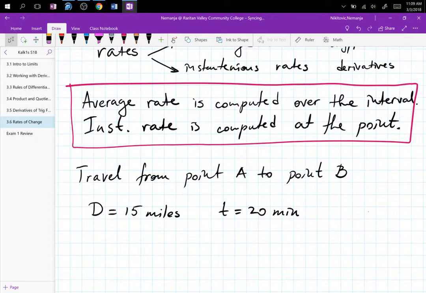So, from point A to B, we can compute the average speed. Average speed is going to be taking 15 miles and dividing it by 20 minutes. Now, 20 minutes has to be written in hours, so you have 20 minutes times, you need to cancel minutes, so 1 hour has 60 minutes.